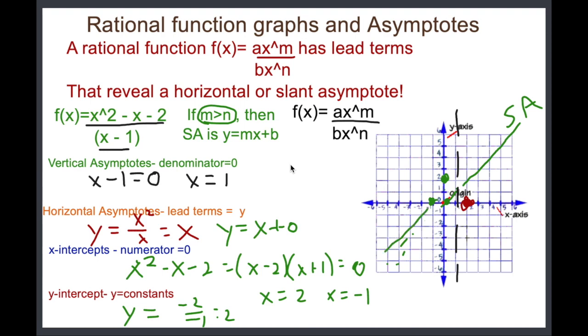This graph goes up this way, up to there, stays to the left of x equals 1. Okay, so that's that part. And on the right side, we have this point right here also, which is to the right of the vertical asymptote. So we're going to draw that in something like this.